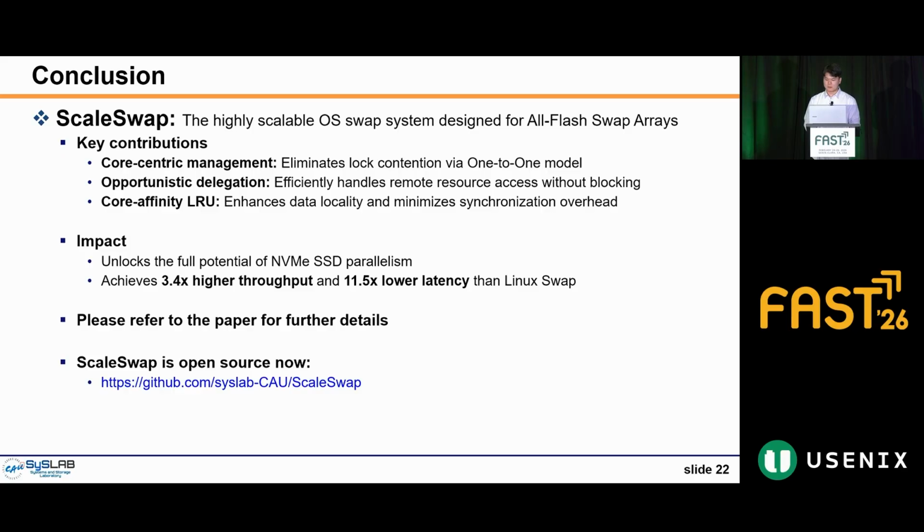Second, remote metadata access is handled through delegation, preserving scalability without sacrificing parallelism. Third, core-affinity LRU reduces synchronization overhead and improves locality. As a result, ScaleSwap achieves significantly higher throughput and much lower latency than Linux swap, especially under memory pressure.